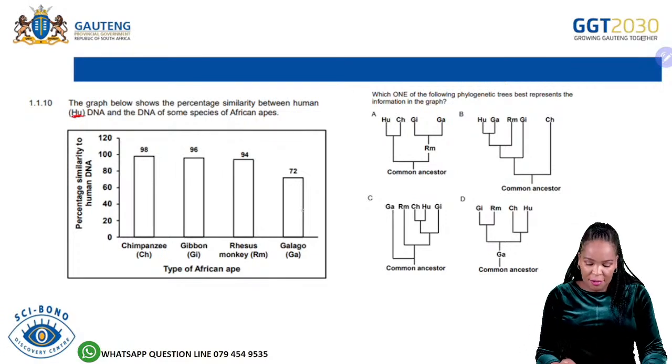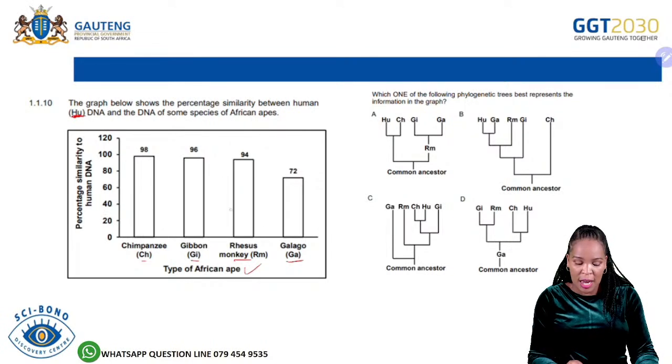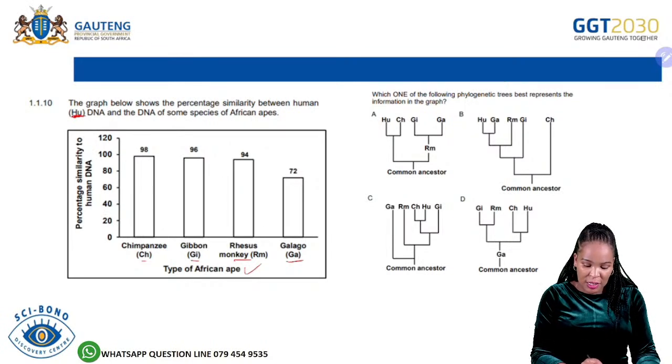Now, what do you have here? You have a bar graph showing the types of African apes. We have the chimpanzees, the gibbon, the rhesus monkey, and the galago. Then we have the percentage similarity to human DNA. The human DNA is not shown here, but we know that all of this is compared to the human DNA.